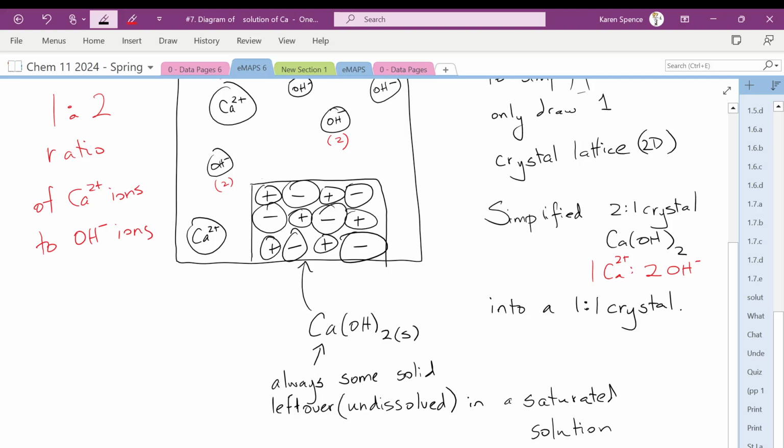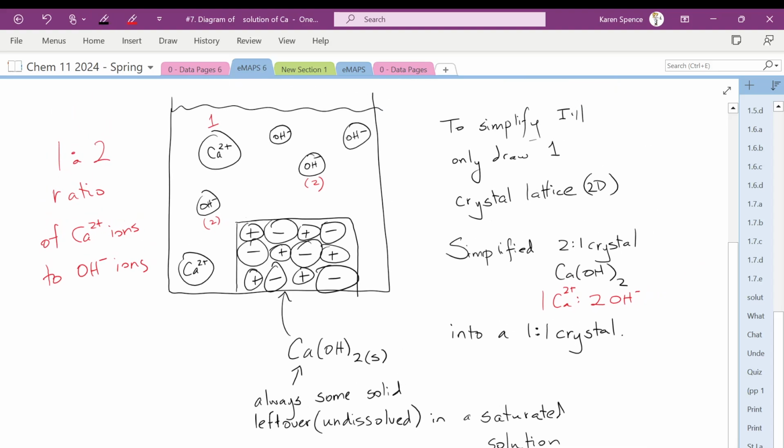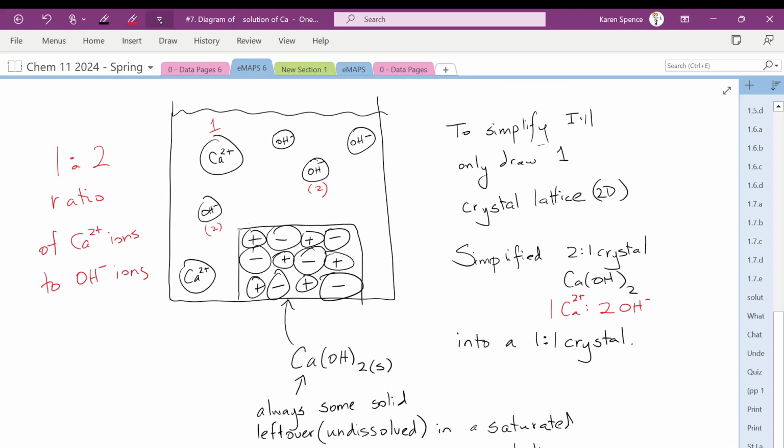So that is my calcium hydroxide solid. Now, these ions up here, that is dissolved calcium hydroxide.